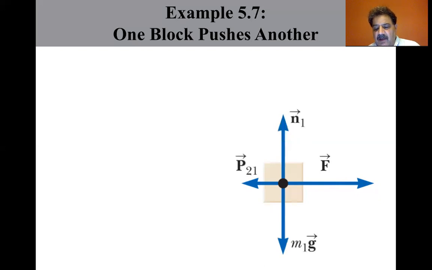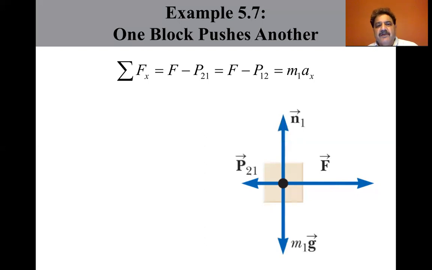Apply Newton's second law to M1. The force in the x direction for M1 is equal to F minus P21, equals F minus P12, equals M1 times the acceleration in the x direction.